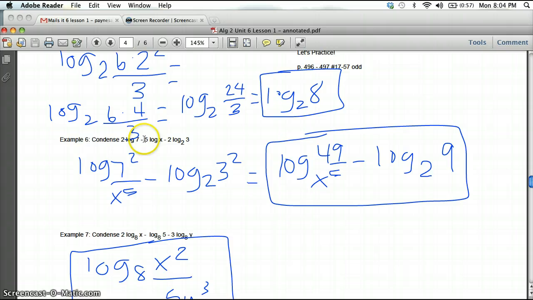Now when we subtract, we divide. So divide by x to the 5th, subtract log base 2 of 3 squared. Okay, so that's going to equal 7 squared is 49. So log of 49 divided by x to the 5th, minus 3 squared is 9. So log base 2 of 9.